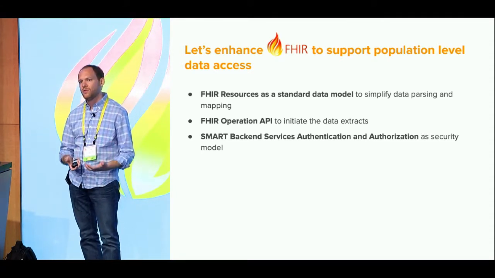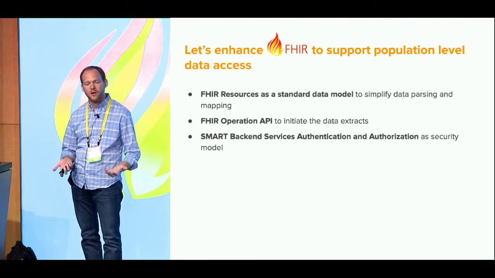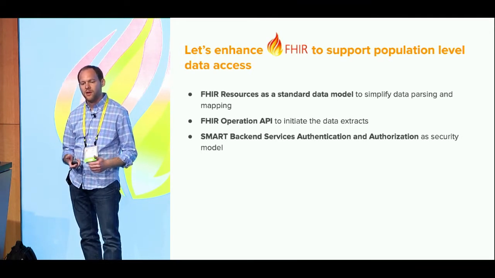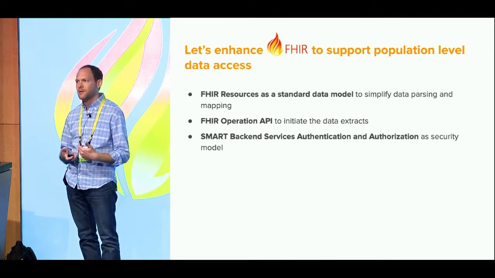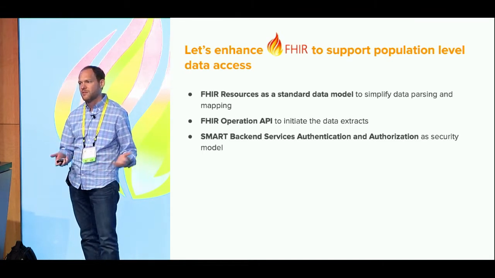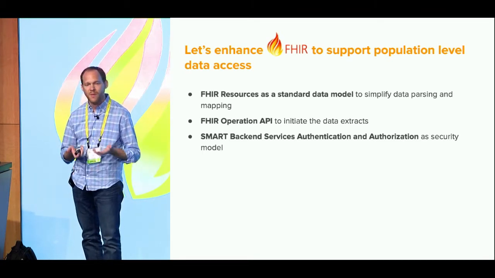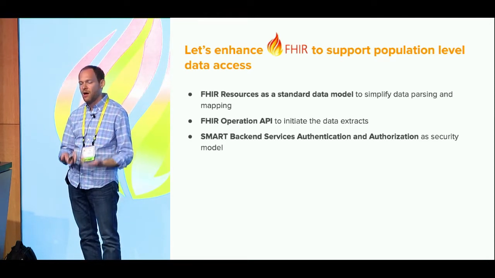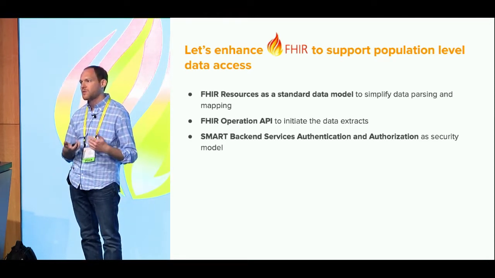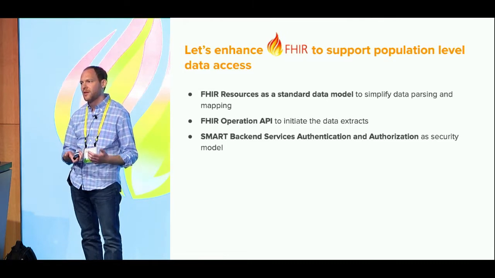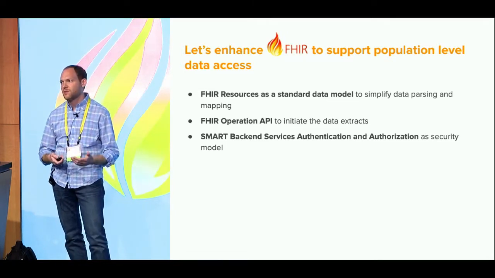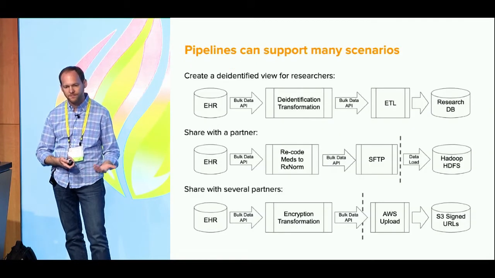So can we use those resources and artifacts we've created to support these population level use cases? Can we use FHIR resources as the data model behind these transmissions instead of mapping to manual CSV formats? Can we use the FHIR Operations API to kick off these data extracts? And can we use the SMART backend services OAuth profile to support authorization for these use cases? So it's done the same way everywhere.